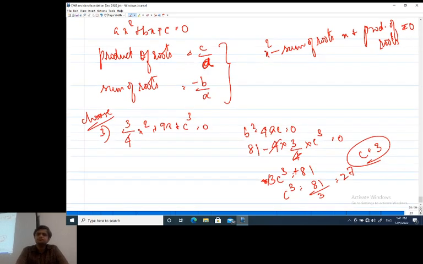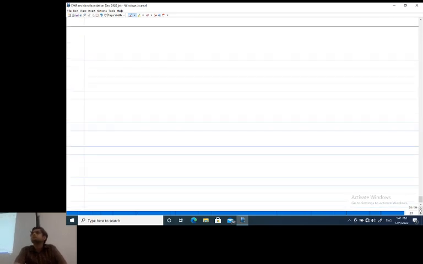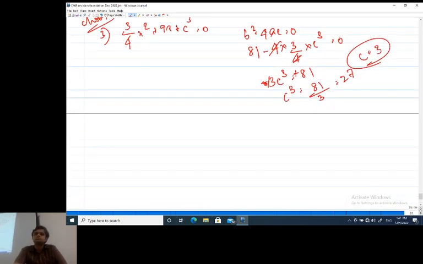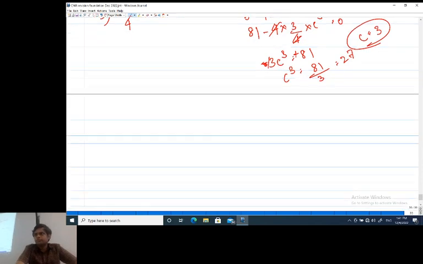Next, choose. If one root of the equation exceeds the other by 5, then the value of m is equal to. Done.